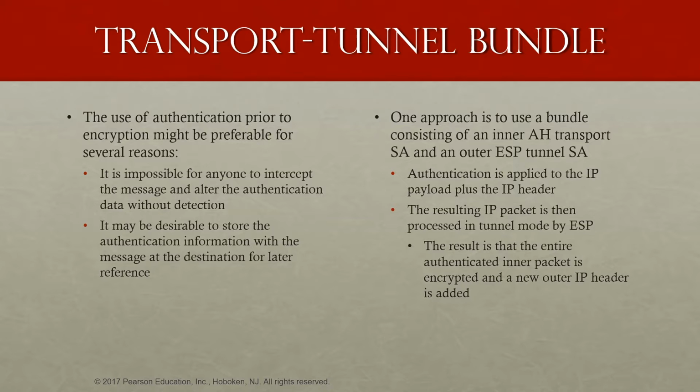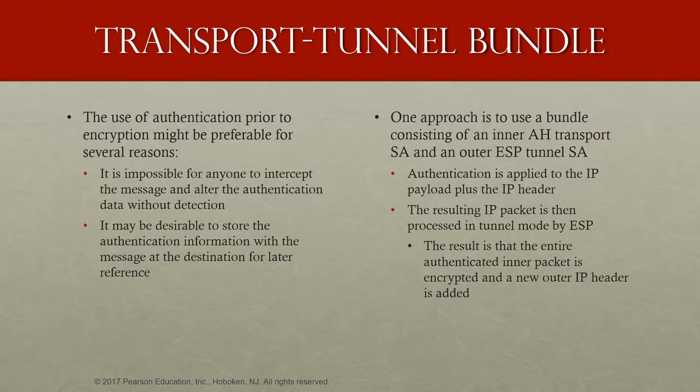Second, it may be desirable to store the authentication information with the message at the destination for later reference. It is more convenient to do this if the authentication information applies to the unencrypted message. Otherwise, the message would have to be re-encrypted to verify the authentication information.